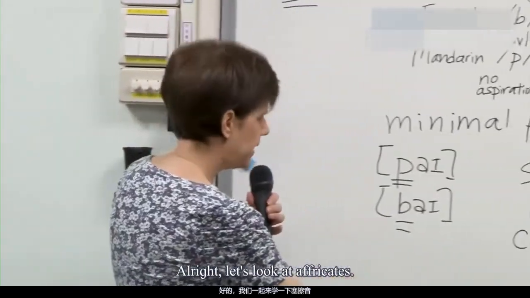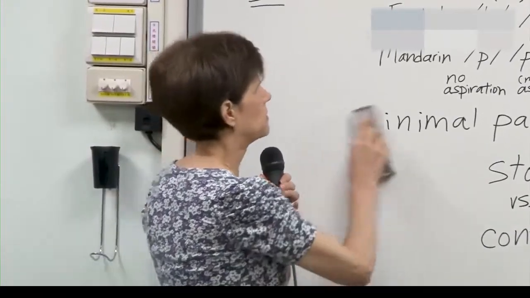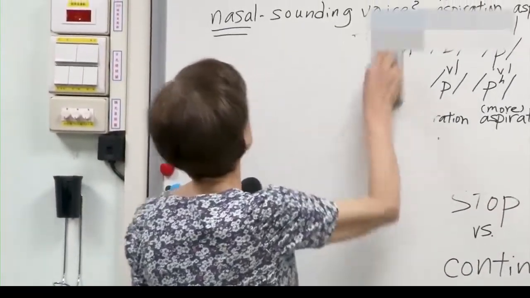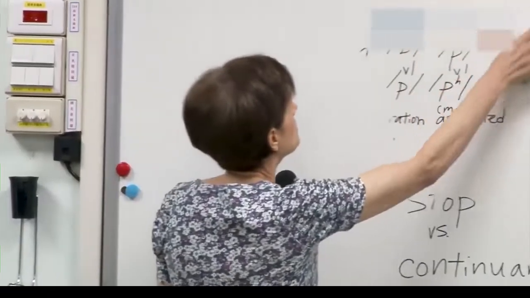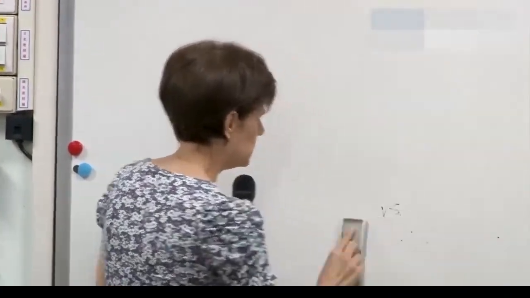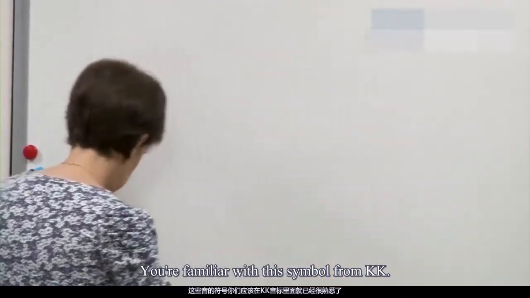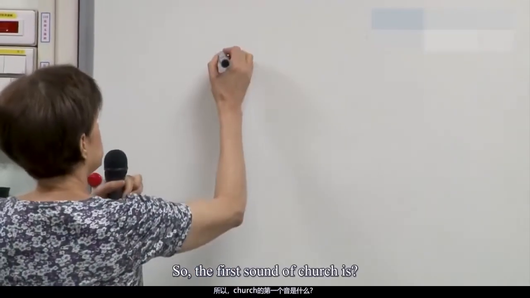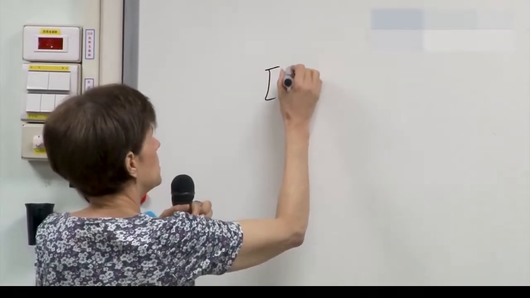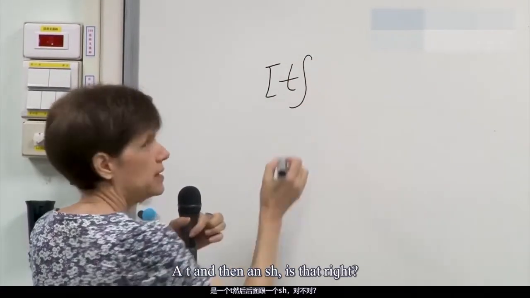All right, let's look at affricates. What kind of a sound did he just describe? You're familiar with the symbol from KK. So the first sound of church is a T and then an SH, is that right?